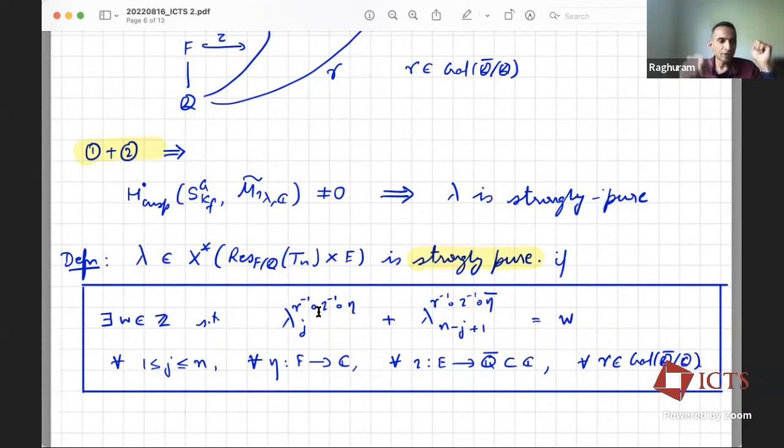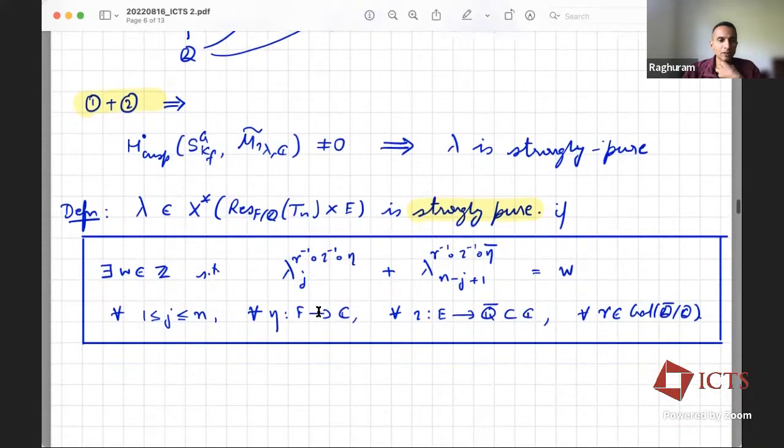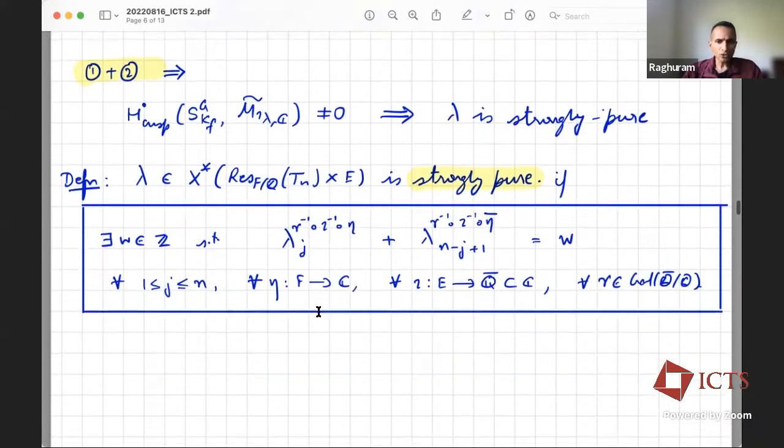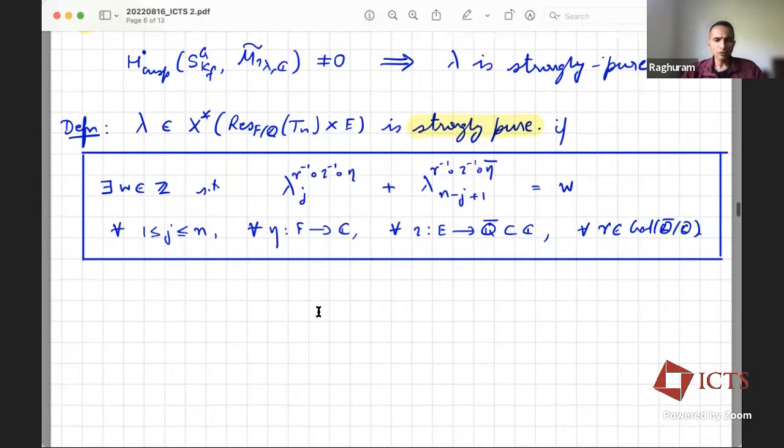And this, for every embedding ι, I'm going to call strongly pure. This was a point I hadn't appreciated very well until a few years ago. So let me talk a little more about this condition of strong purity on the weight for it to support cuspidal cohomology over a totally imaginary field; it has some pretty serious consequences.